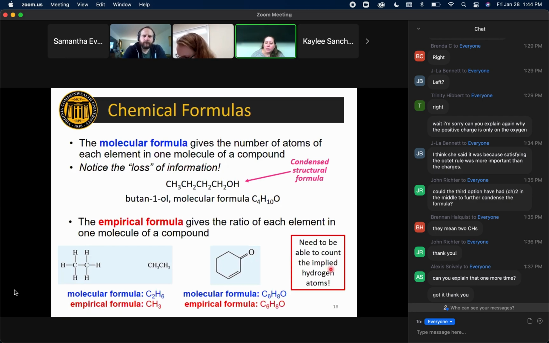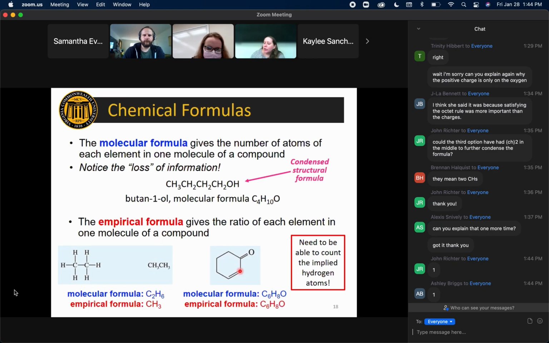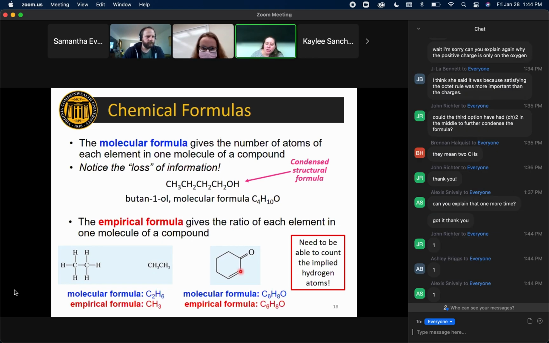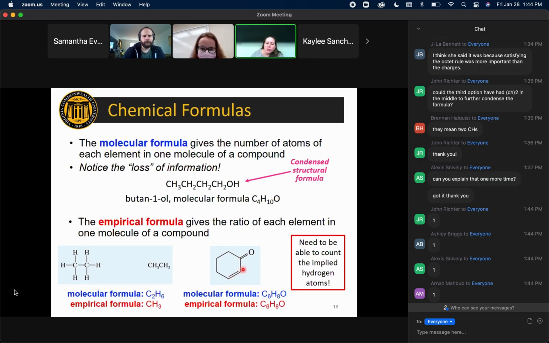One thing that you guys will need to be able to do for this class, and this goes back to the line angle drawings, is count and see the implied hydrogens. You need to be able to look at this molecule and visualize. So for example, how many hydrogen atoms are attached to the carbon where my laser pointer is? Just 1. So how many bonds are showing? We're showing 1, 2, 3 bonds because we have a double bond here.